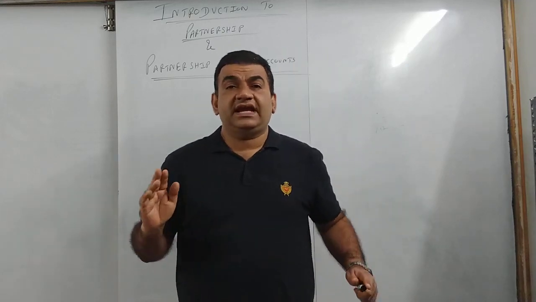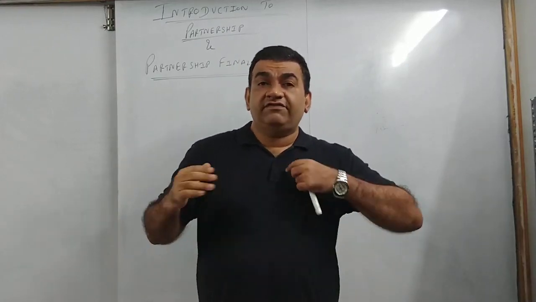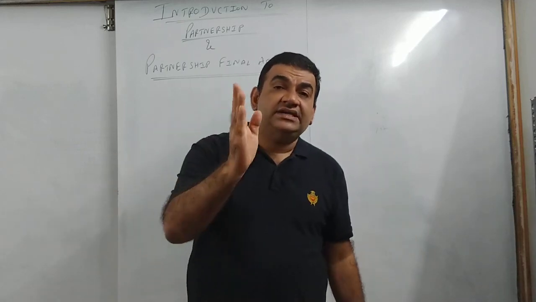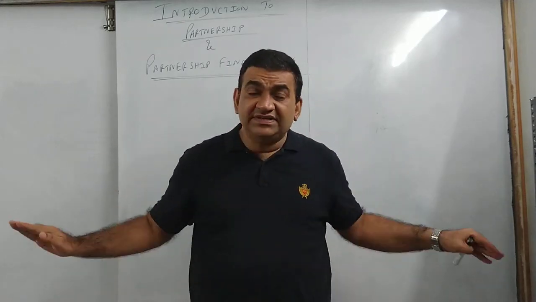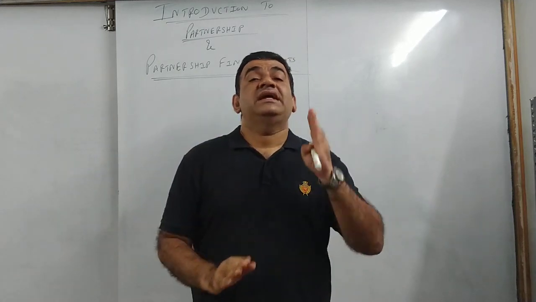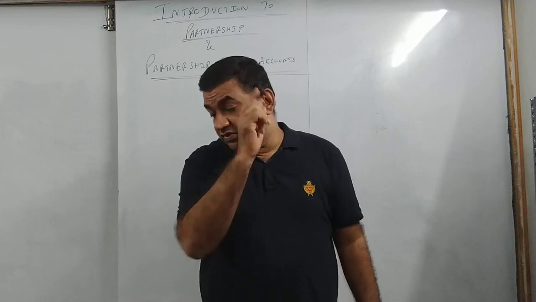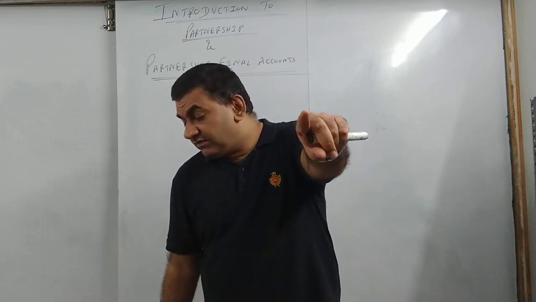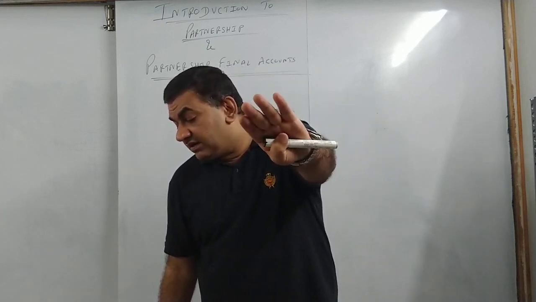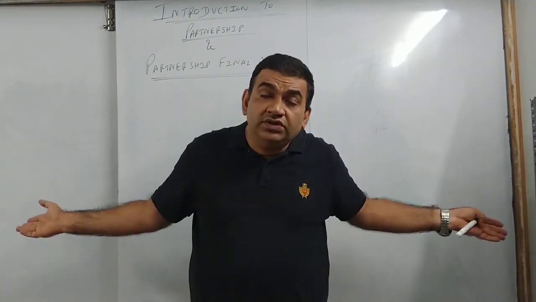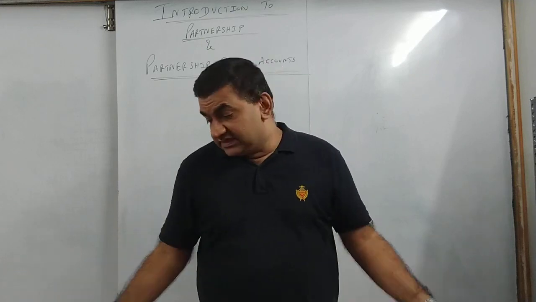If the partners decide it's okay, it's enough for us, let's shut down the business, then that is called closing the business, which is nothing but dissolution. Now see what it says: a partnership firm can be dissolved by agreement amongst the partners. As I told you, if the partners decide they don't want to do the business, they stop the business.